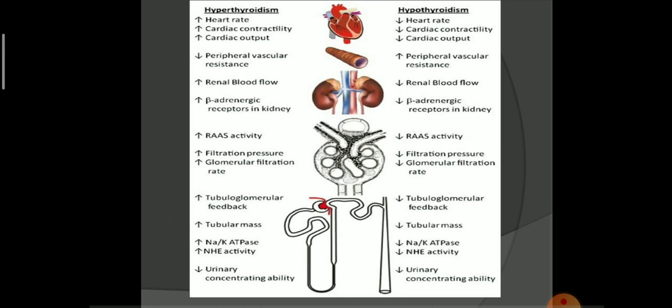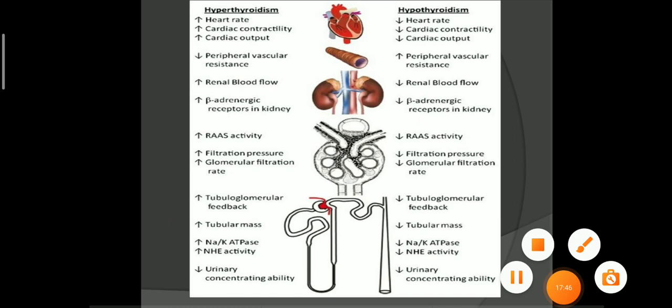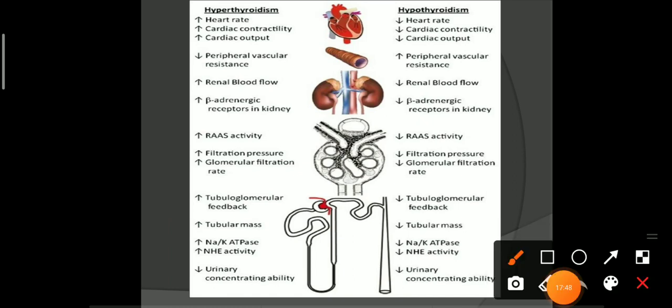Now, we already said that thyroid hormones have effects in each and every organ. So let us see. Hyper means high and hypo means low. Hyperthyroidism increases heart rate and cardiac output, and hypothyroidism decreases cardiac output and heart rate.